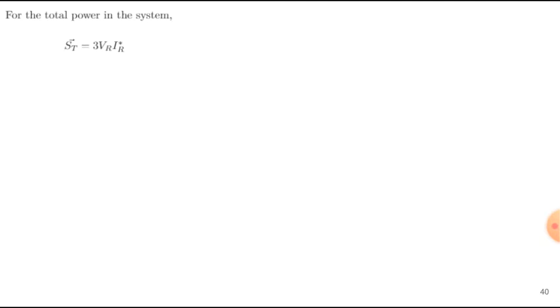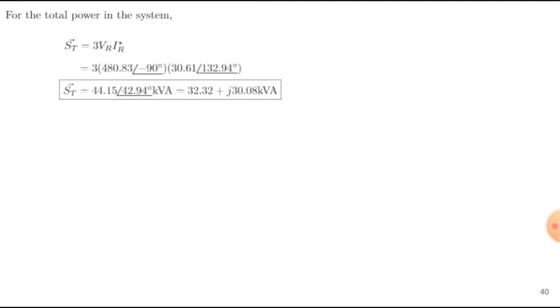You can also use VB, IB. It's all the same. But take note that IR, the phase current, should be the conjugate value. So our current is negative 132.94. Now we put it positive, because it's the conjugate value. Then we came up with S equal to 32.32 plus j30.8 kVA.